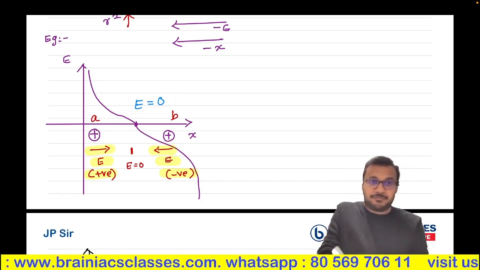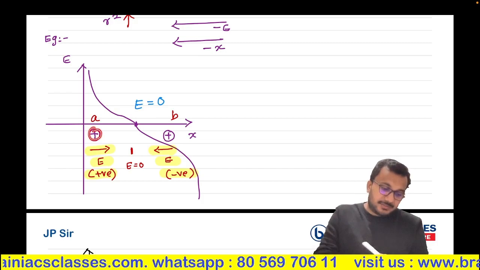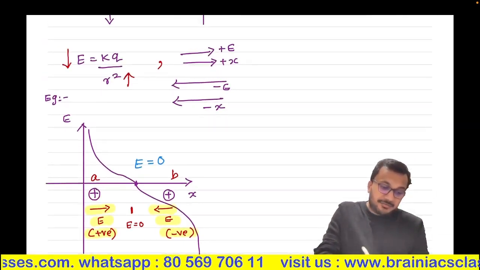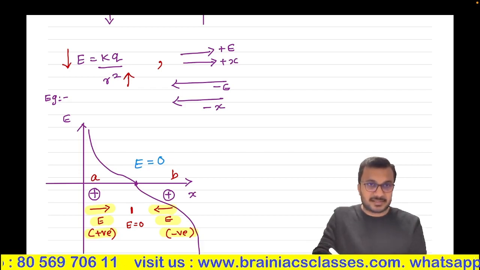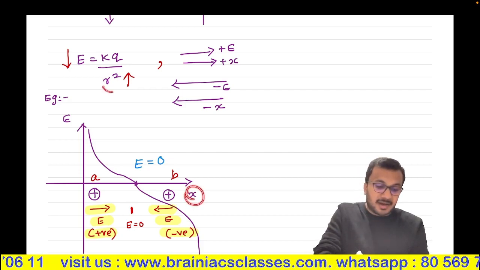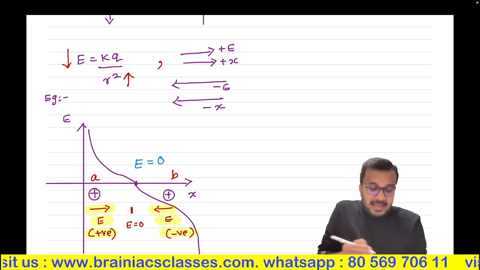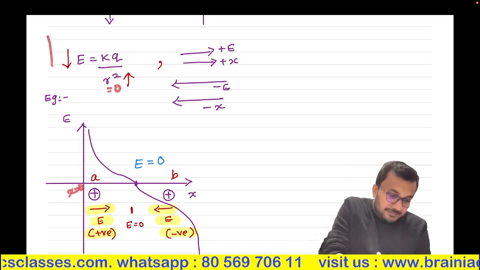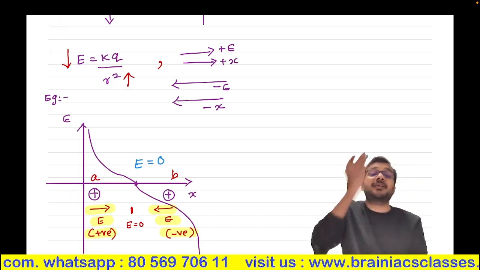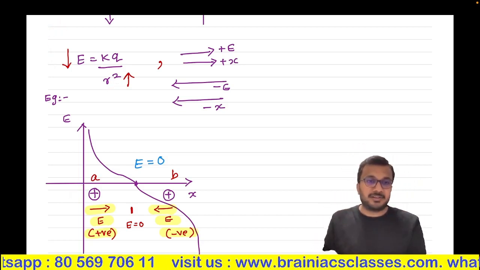We are moving from left to right for the first charge. Here we have the electric field formula kq by r square. x is nothing but r, the distance. When x equals 0, what is the value of the electric field? Infinity, very high.